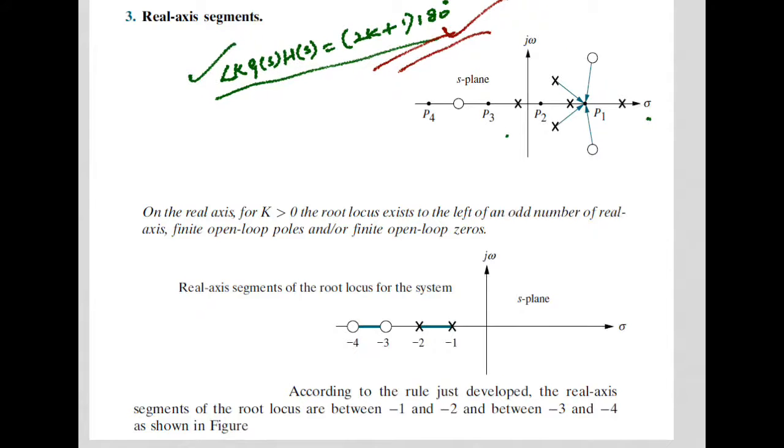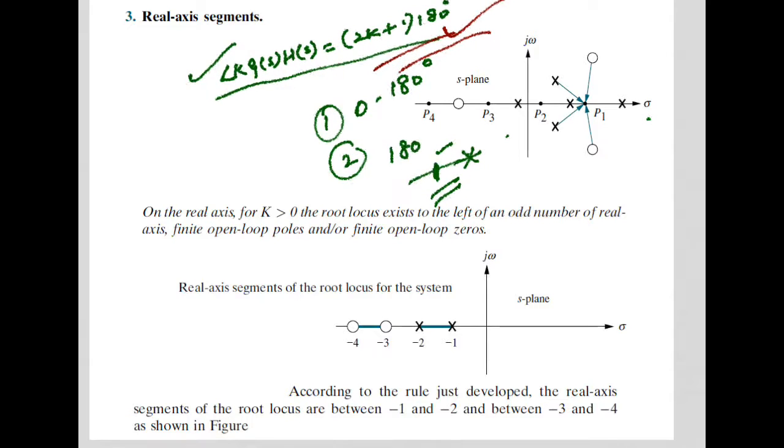That is, if we have an odd number of poles and zeros to the left of the point we analyze, then definitely we get the 180 degree angle. Now how can this be proved?